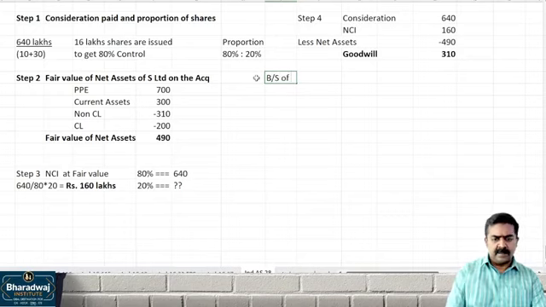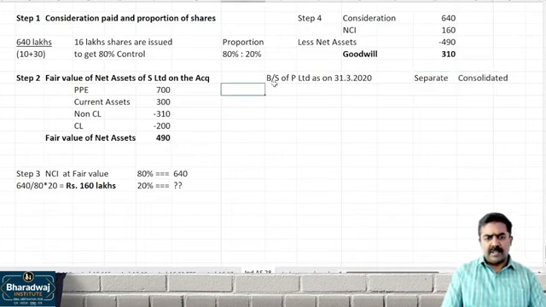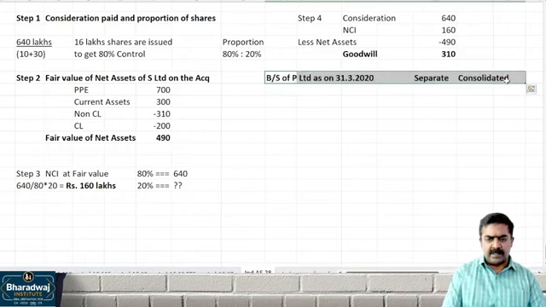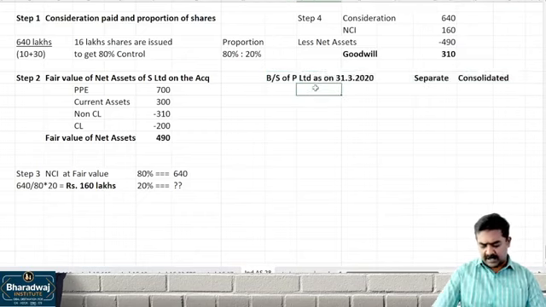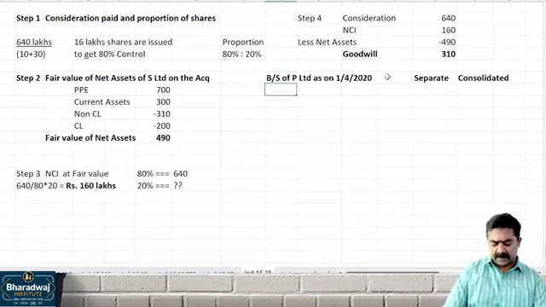Holding company. What is the name of the holding company? P Limited. As on what date? 31st March 2020. We can have a separate balance sheet, consolidated balance sheet. Wait, we have not taken revenue profit here because we are preparing the balance sheet at the beginning of the year. Maybe this is on 1/4/2020, not 31/3/2020. This is on the date of acquisition of shares.